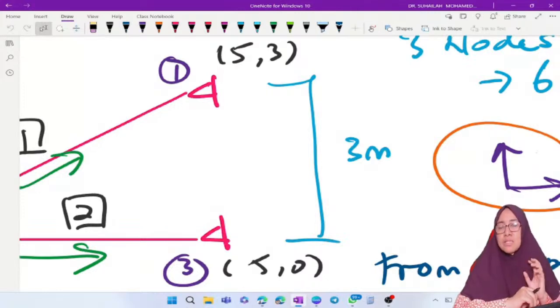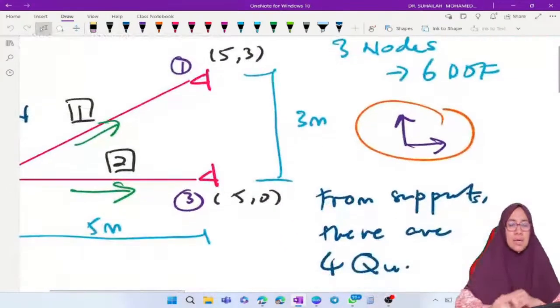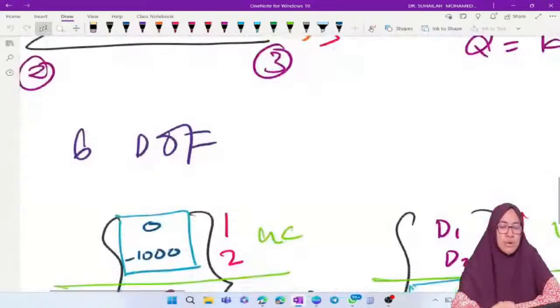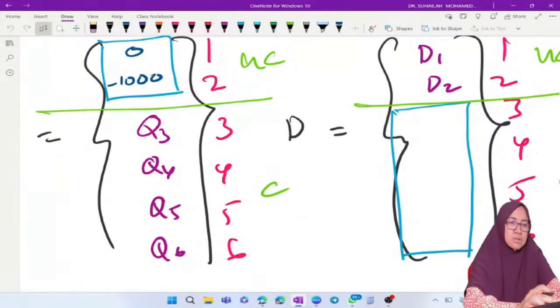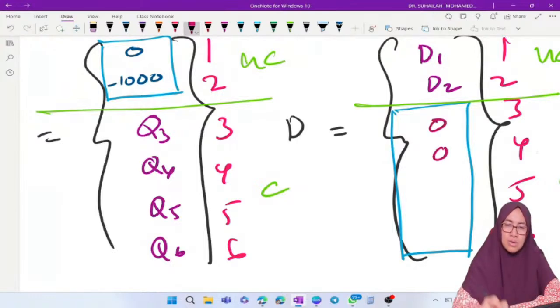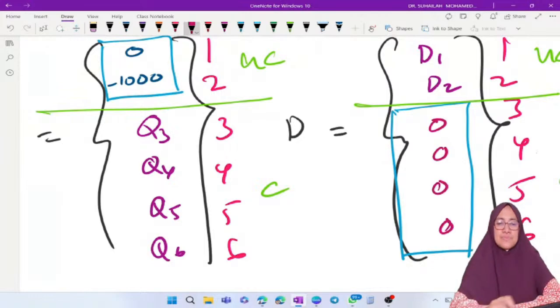There is no displacement at support. So all values are 0. Okay, so we have to put this: 0, 0, 0, 0.